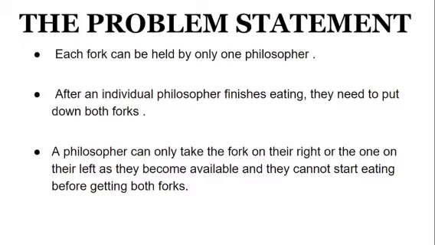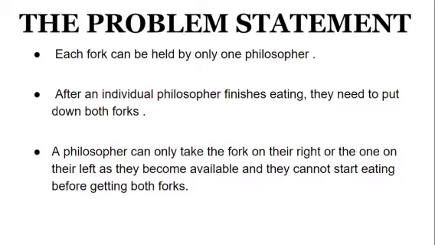Fifth point, it says after an individual philosopher finishes eating, they need to put down both the forks. But where will they get both the forks? If someone sacrifices to have the spaghetti, then only the individual philosopher will get both the forks.